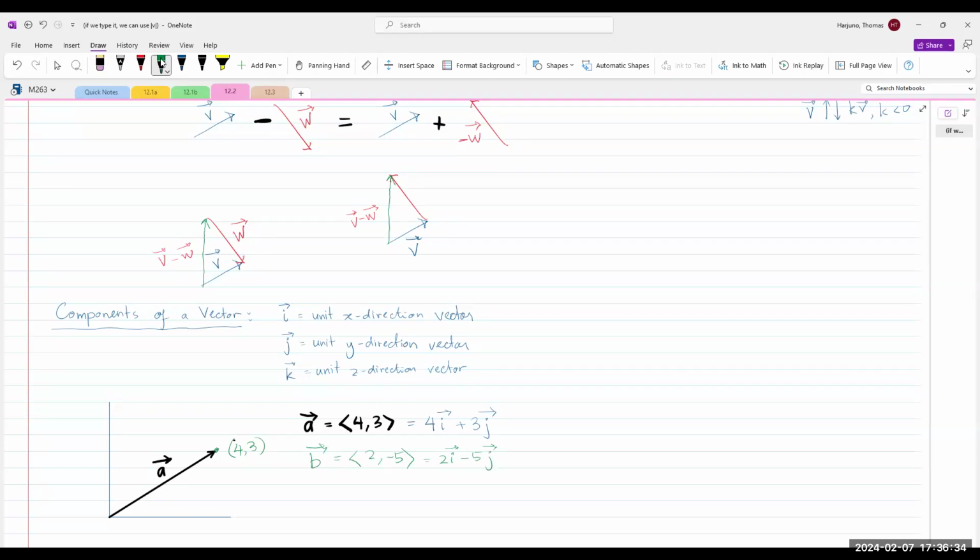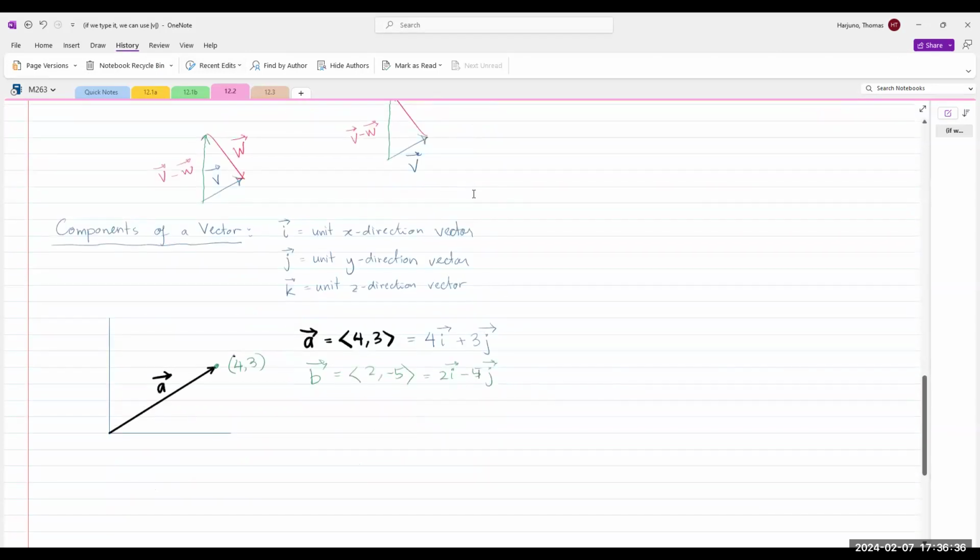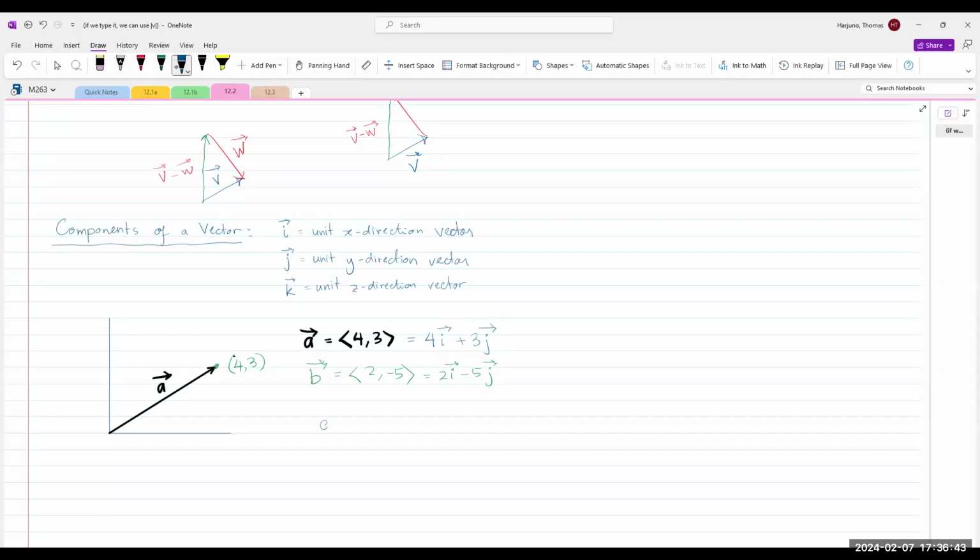Then not only can we visualize that graphically, we can start doing it algebraically. Factor A plus factor B is basically adding 4, 3 and 2, -5, which is 6, -2. Or if you like, you can write it in ij notation.